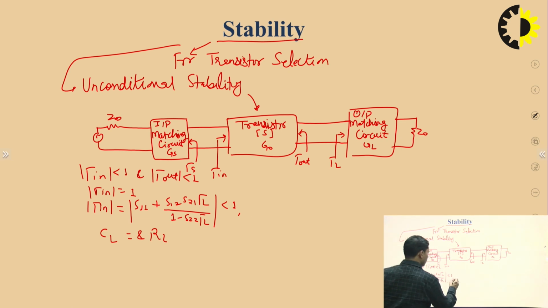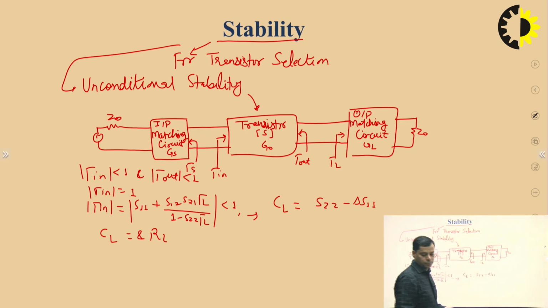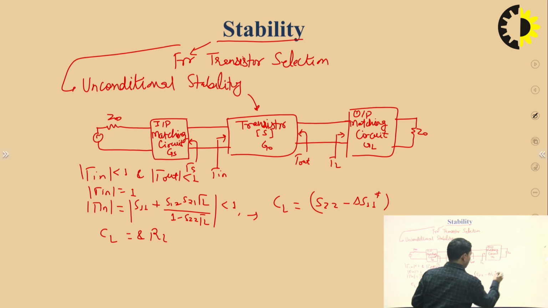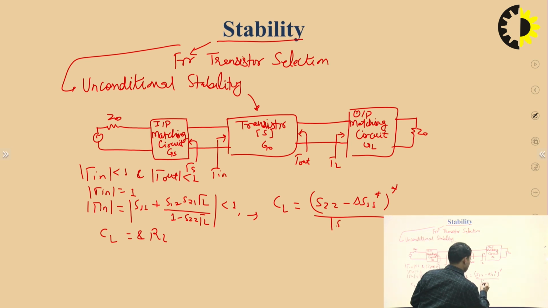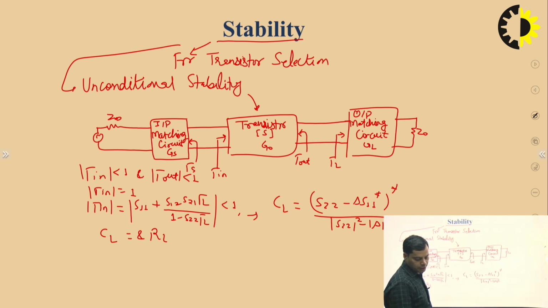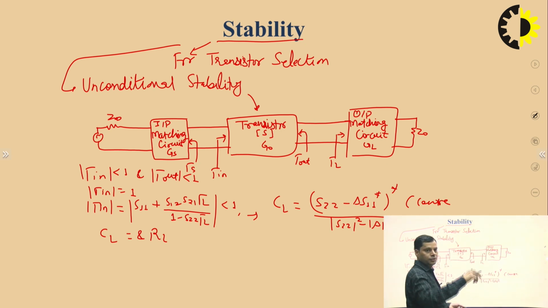Similarly, what is the value of CL? The value of CL comes out as S22 minus del S11 conjugate, whole conjugate, divided by mod of S22 square minus mod del square. This is the center which we can locate onto the Smith chart.